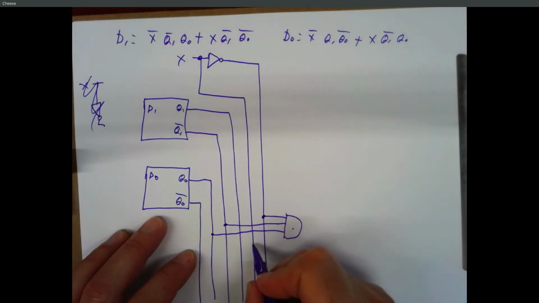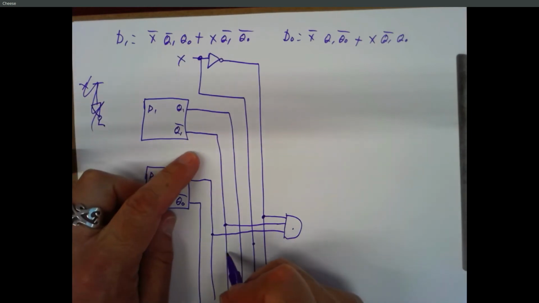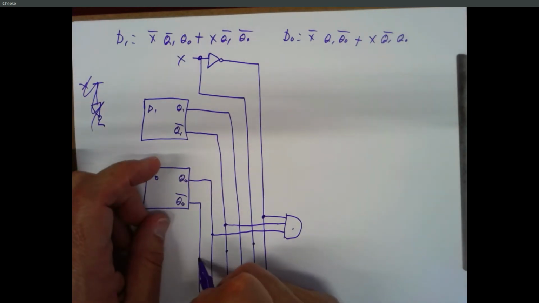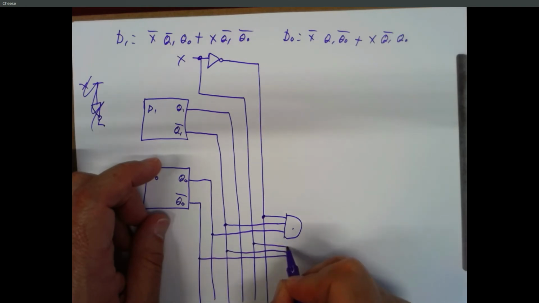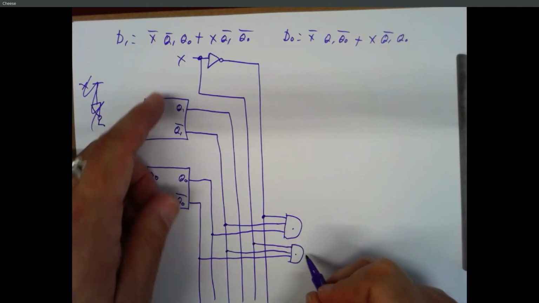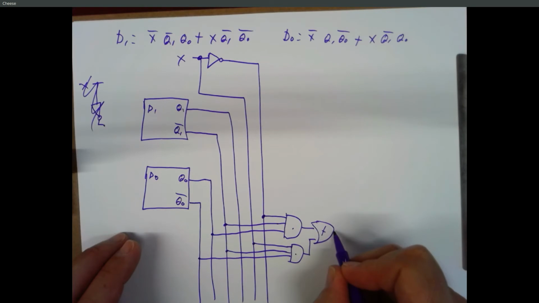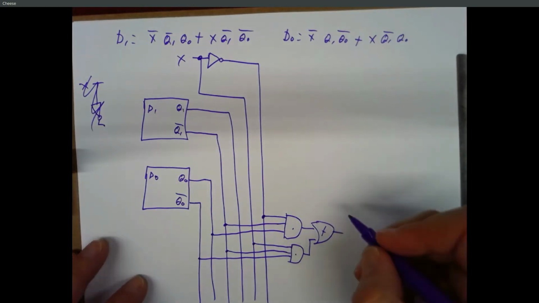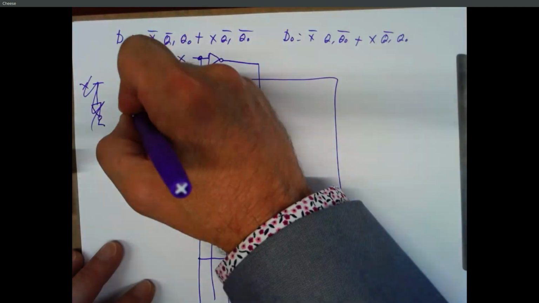And we want to take X and Q1 bar and Q0 bar and AND those together. And then OR those. And that should be D1. So we're going to take that, bring it back to D1.